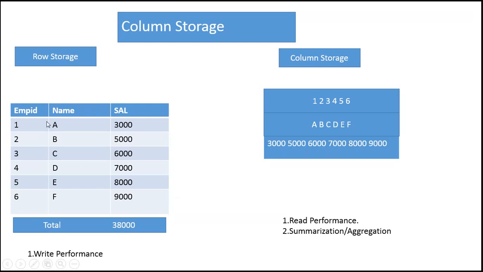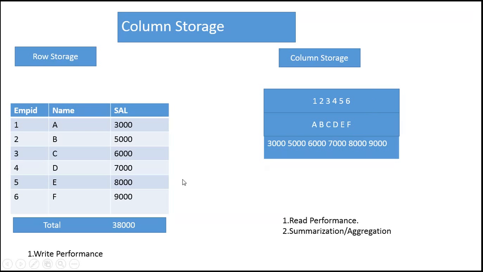First, in row storage, to insert the record 7, H, 10,000, only a single row is updated. Am I right? Only a single row. Next, in column storage, 1 column, H, 10,000, salary 10,000. Here 3 columns are updated.